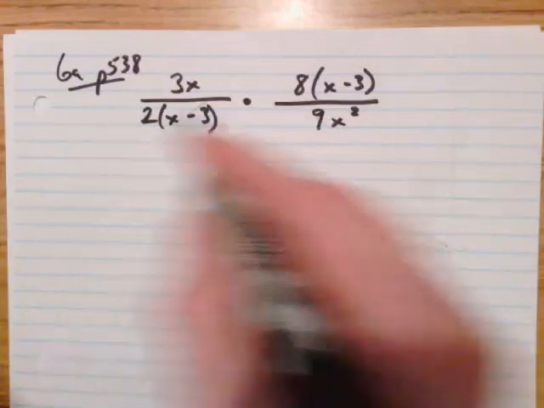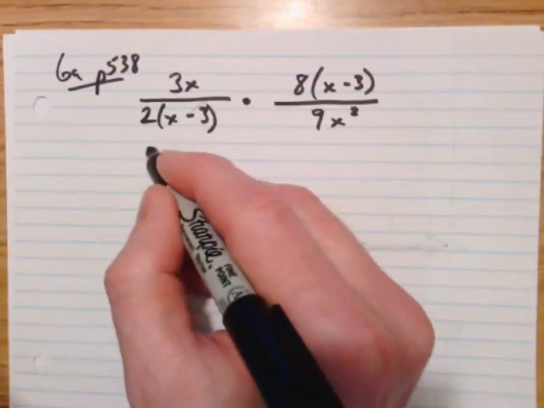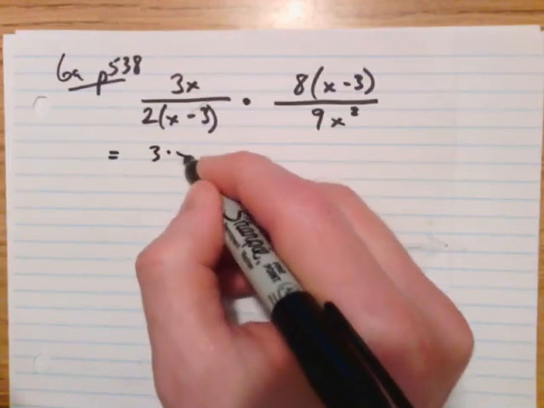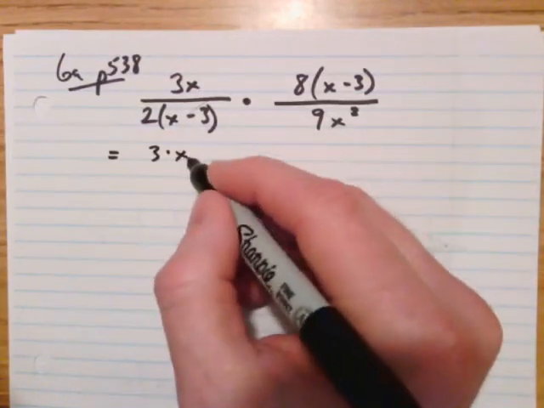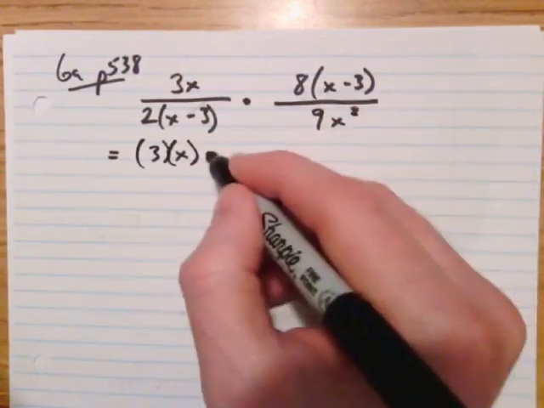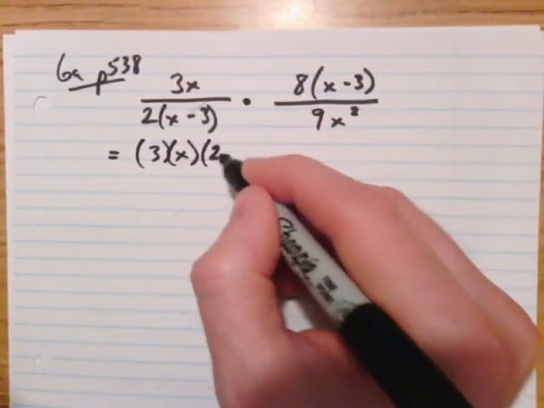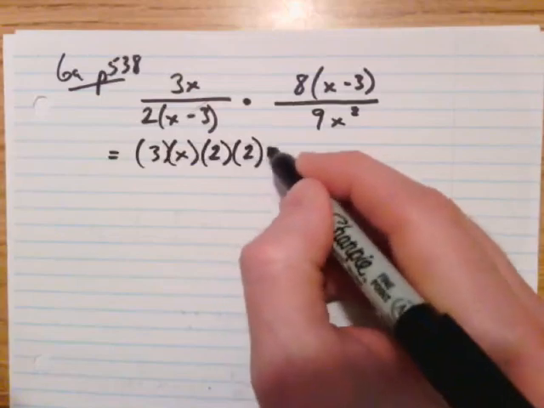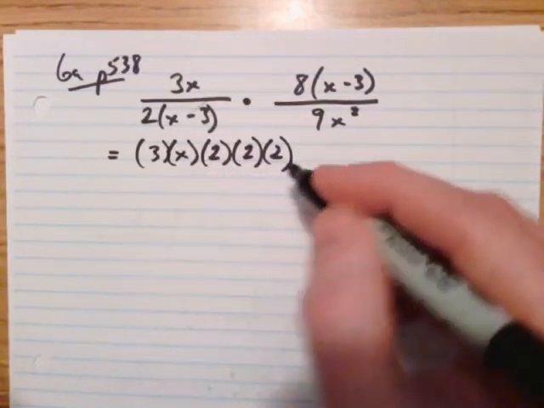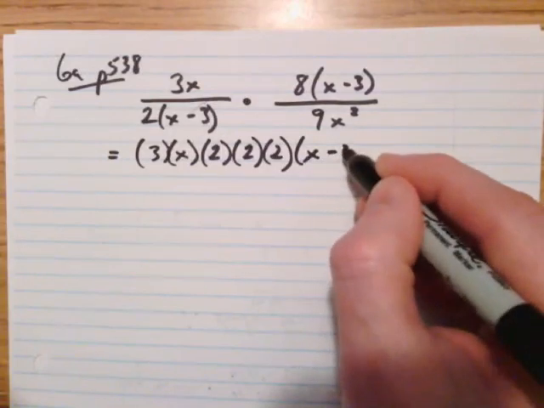And get rid of the dot. We'll just multiply everything. So this equals the same thing: 3 times x. Actually, let's do brackets. 3 times x. Now 8 is 2 times 2 times 2. You may think this is unnecessary, and it might be, and that's fine. Times x minus 3.